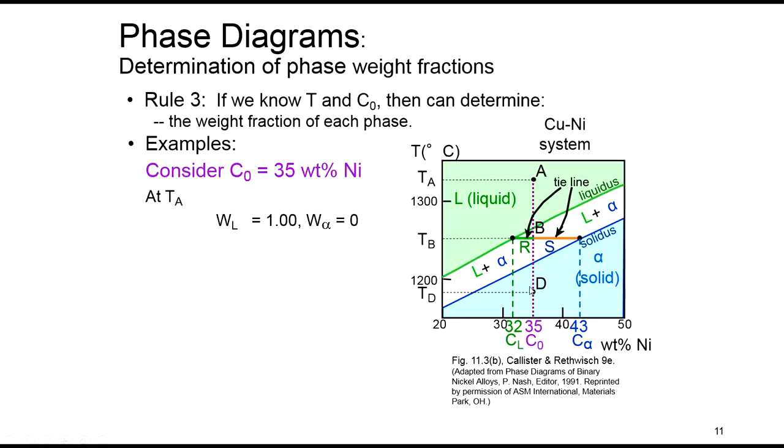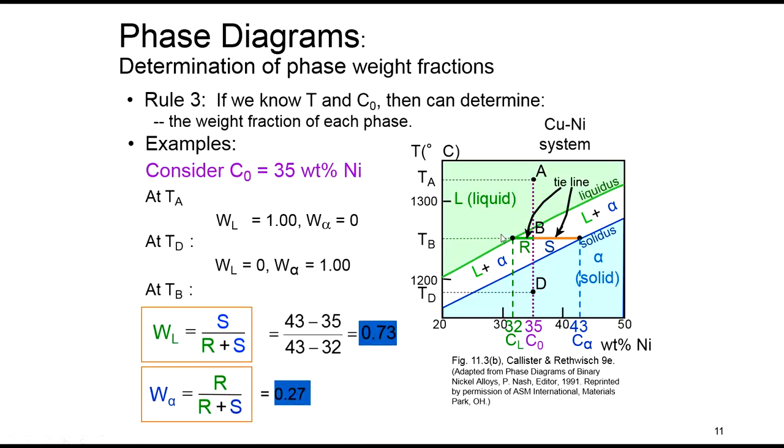If we go down to point D, we only deal with solid alpha, therefore the weight fraction of alpha is 1 and the weight fraction of liquid, there is no liquid, of course it's 0. What about point B, which is in the part where we have two phases, L and alpha?